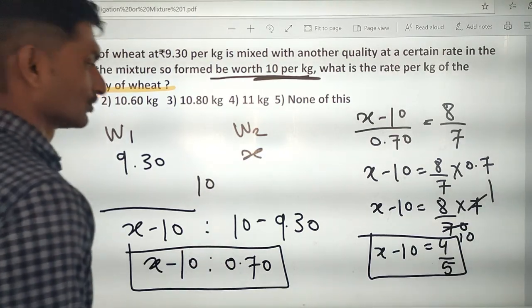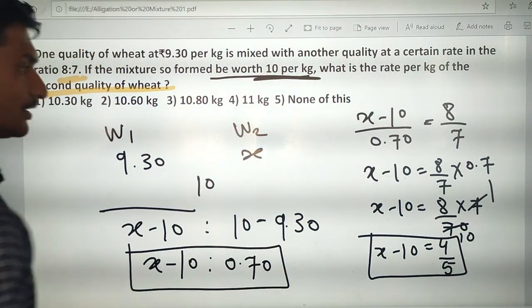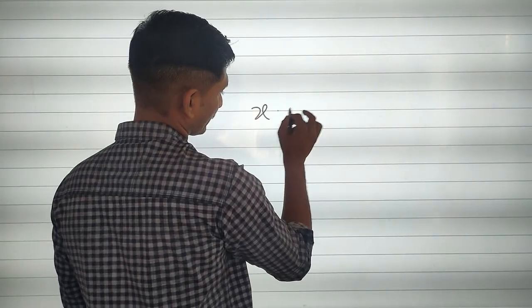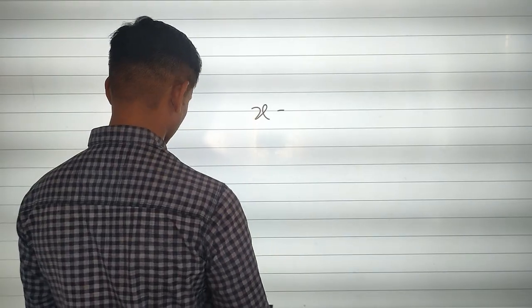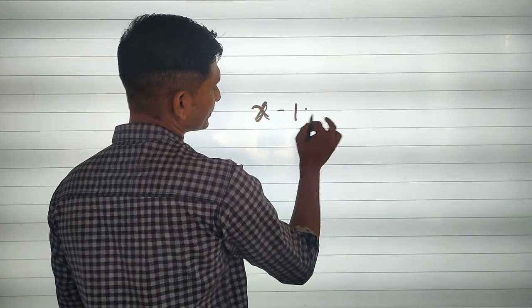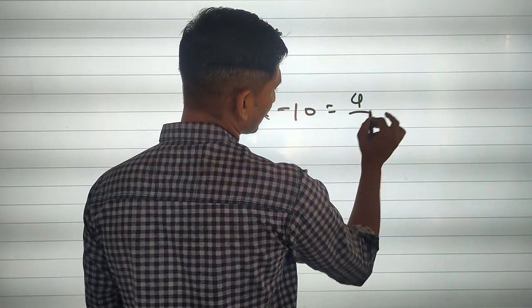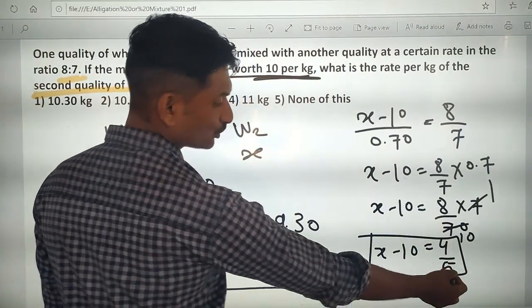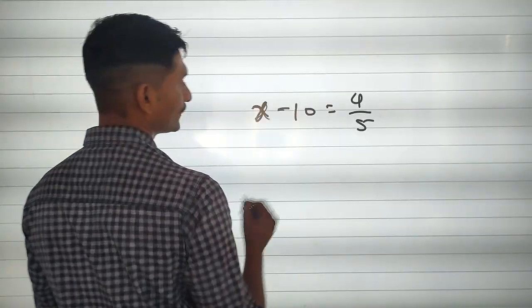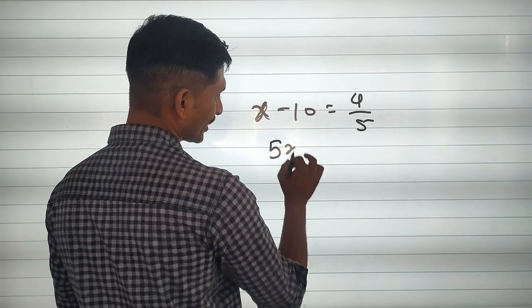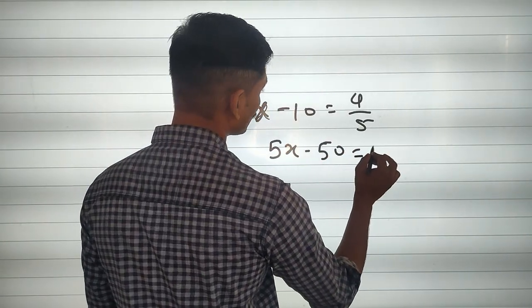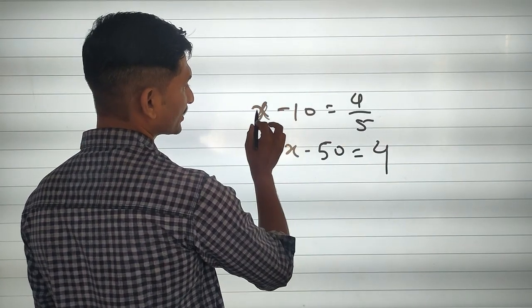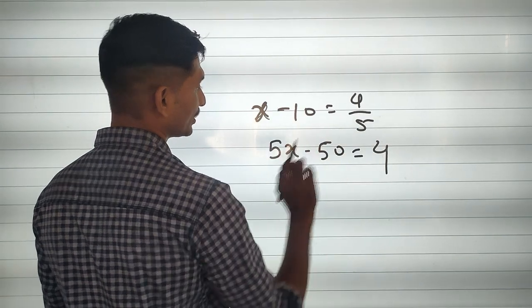Now x minus 10 is equal to 4 by 5. Cross multiply: 5x minus 50 is equal to 4.